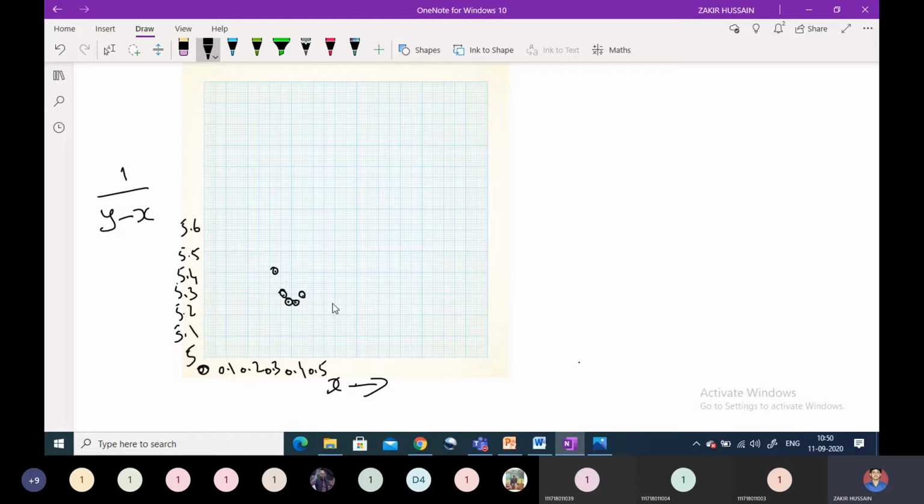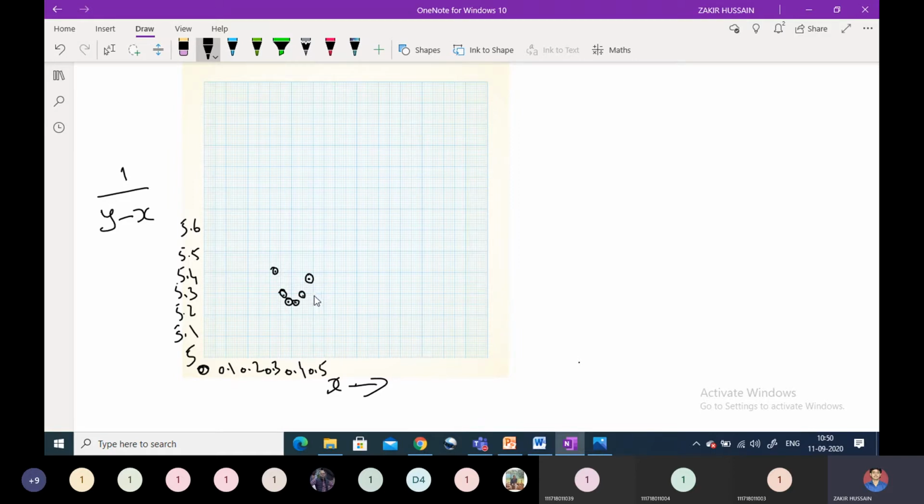Then 0.48 with 5.376, around this region.